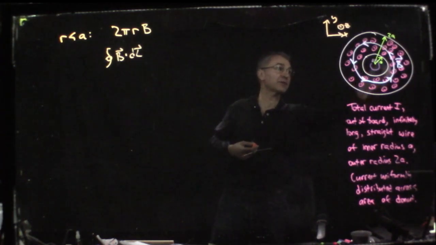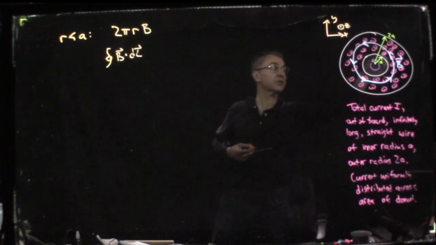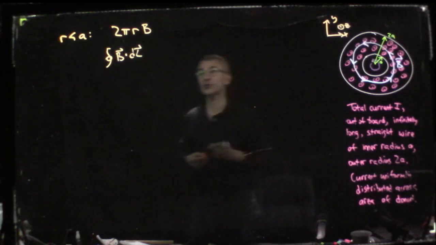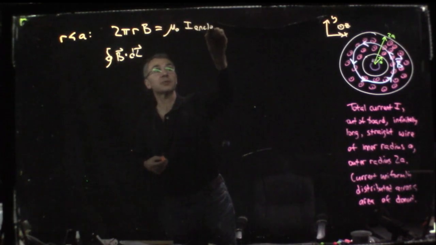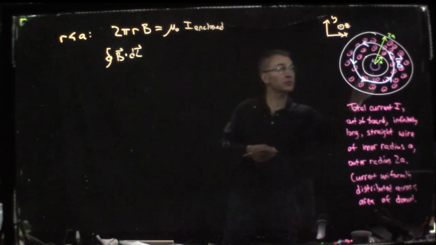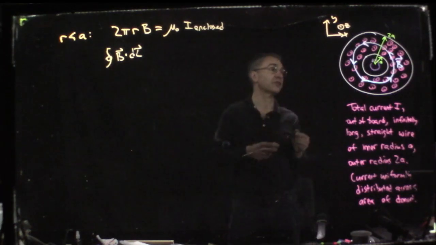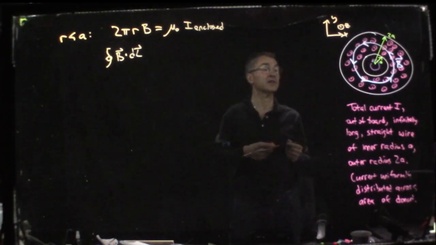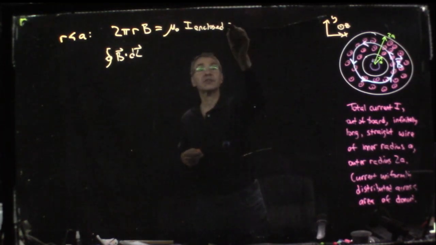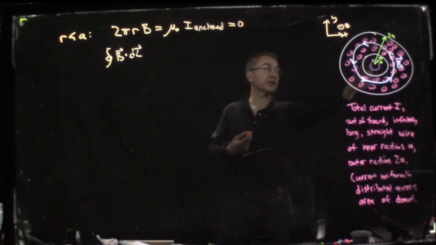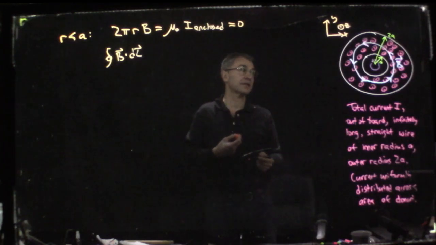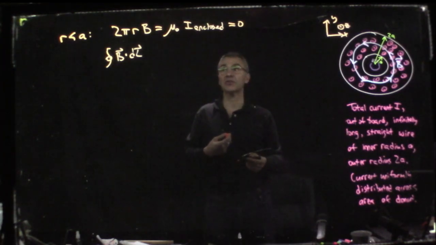So if there were any magnetic field lines, they would be counterclockwise circles. But this equals mu naught times the current enclosed by my loop. So here's my purple loop. And notice there is no current inside there because all the current is between A and 2A. So this is actually 0. As long as symmetry imposes the condition that the magnetic field is the same everywhere on this loop, then that value, which is the same everywhere, must be 0.